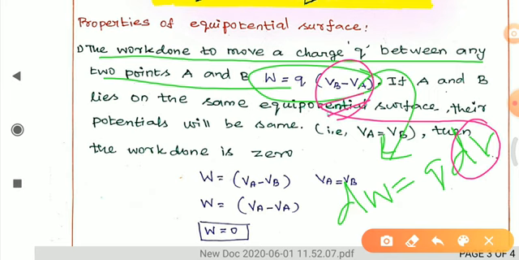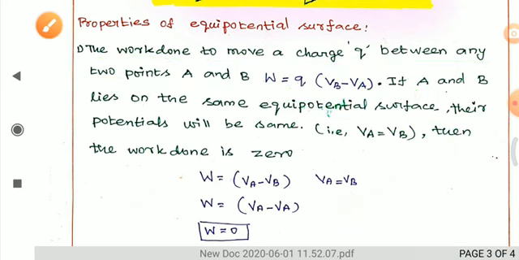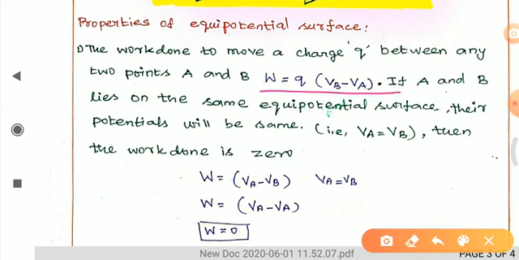Then next one, the amount of work done is given by W is equal to Q into VB minus VA. Then we assume that both the points A and B lie on the same equipotential surface. Same equipotential surface means, what is the meaning?